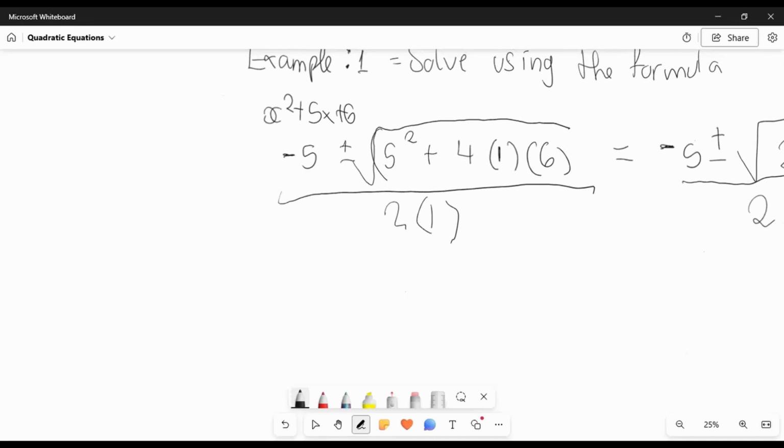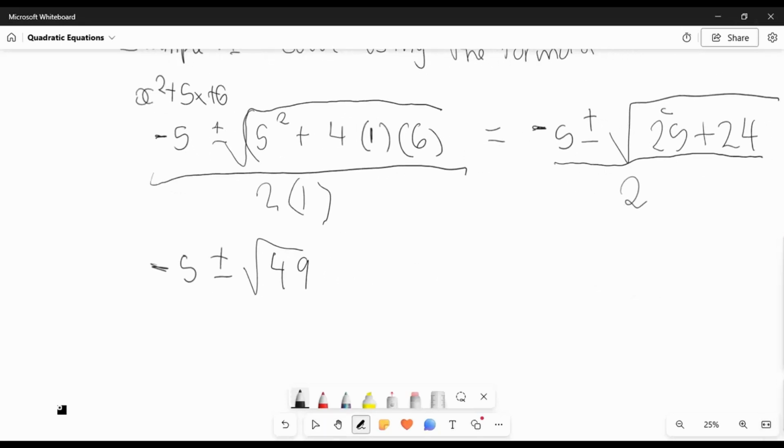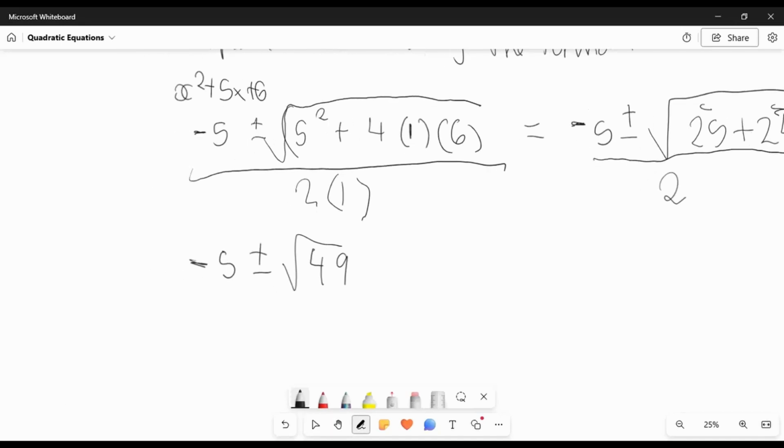So now the equation is negative 5 plus minus 49 after adding these two values, over 2. Now, let's find the square root of the inside value. So it's going to be negative 5 plus minus 7 over 2.